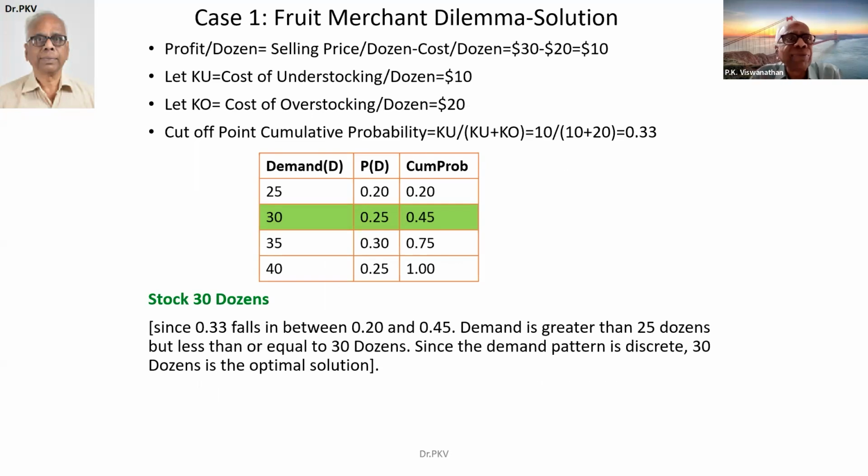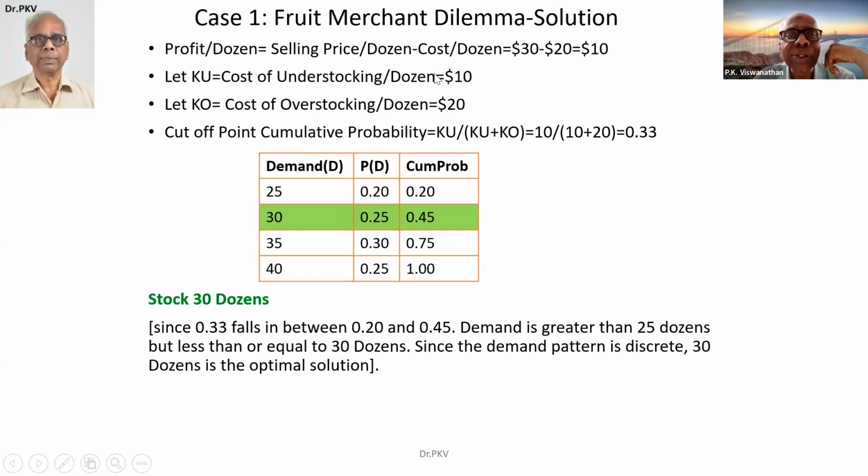Let us look at some facts. Profit per dozen is equal to selling price per dozen minus cost per dozen. $30 minus $20 is equal to $10. I use a symbol Ku as the cost of understocking, Ko as the cost of overstocking per dozen.